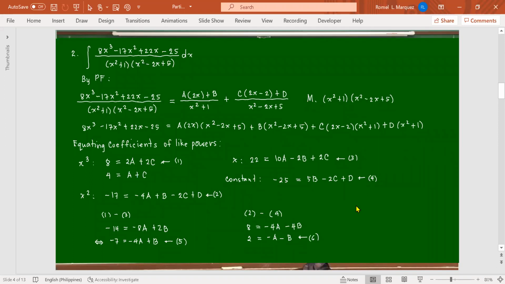Let's work on 5 and 6. Let's get the sum of equations 5 and 6. What's the sum? Negative 7 plus 2 is negative 5. Negative 4a and negative a, the sum is negative 5a. The sum of b and negative b is 0. Getting a equals negative 5 over negative 5, so that is 1.